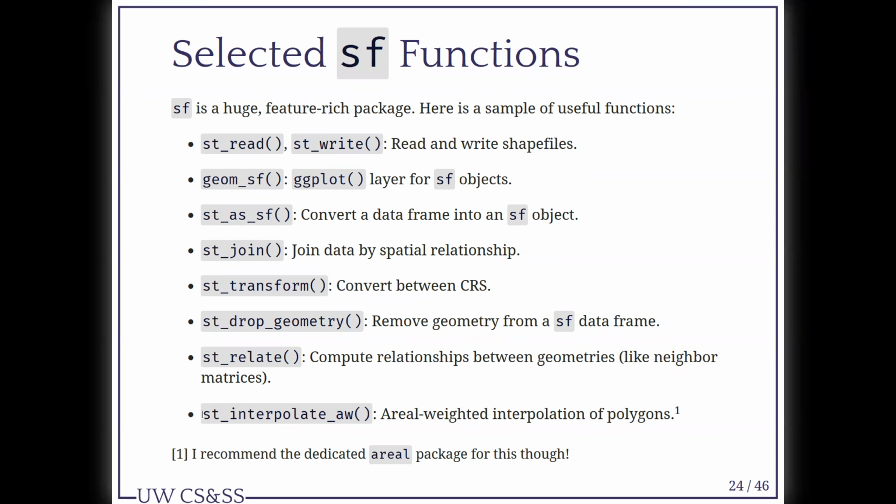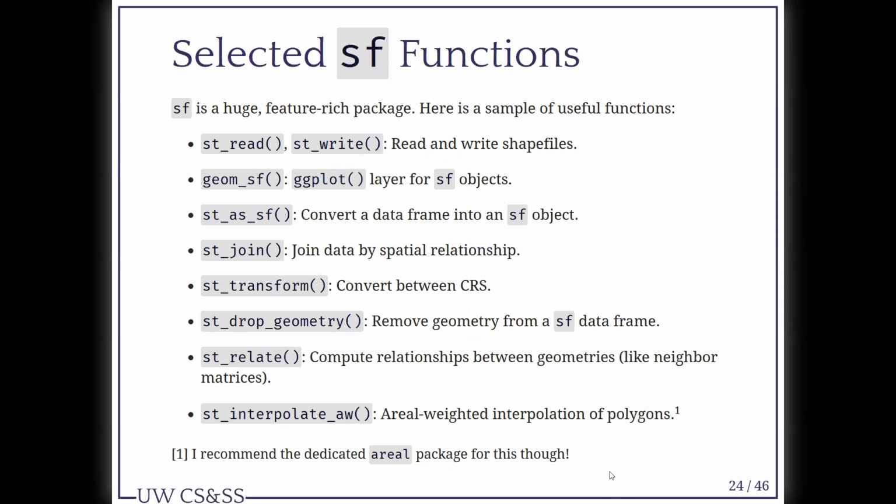For some reason, somebody I know who works in maps more than I do says use the areal package for this instead. Areal weighting, if you don't know, is when you have information at the tract level, but you have other information at the county level and you're supposed to report at the county level.